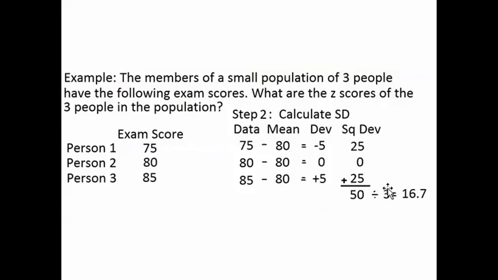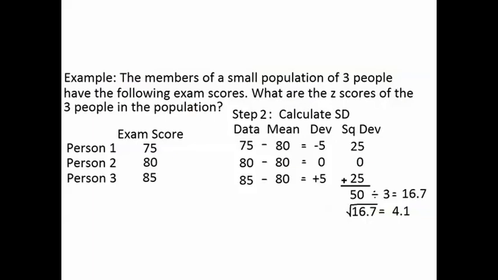It just stays at the number of squared deviations. So we don't drop this down to 2. It just stays at 3. And remember that the mean of the squared deviations, which we just found right here, is called the variance. So we have a variance of 16.7, and the standard deviation is the square root of the variance.